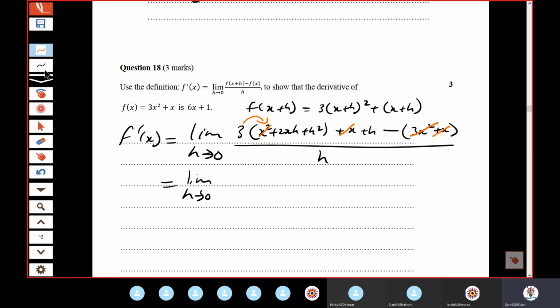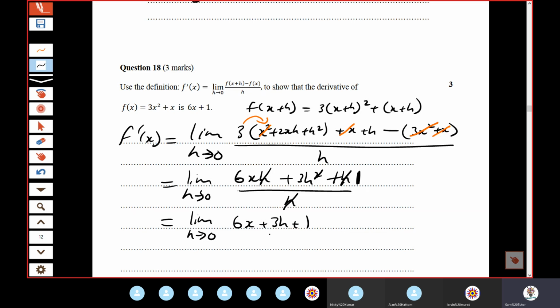And then really all you've got left is your inside, which is 6xh plus 3h squared plus h over h. Cancel out all your h's. Be careful when you're cancelling out this one. It's a 1. A lot of people just cross it out and think it's a 0. h on h is 1. And then by the time you sub in h equals 0, I'll do another line.